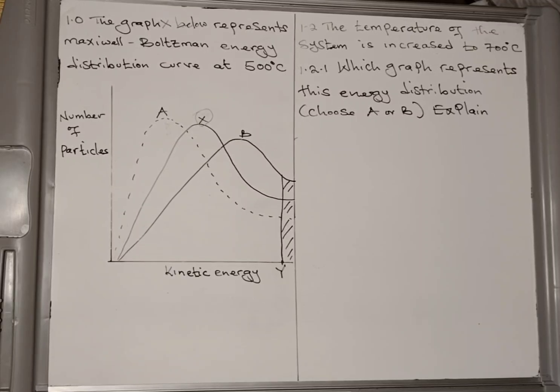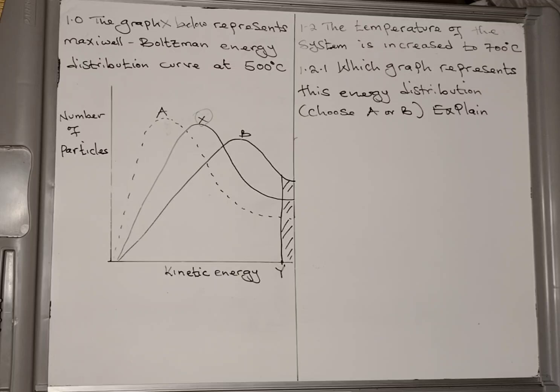Then comes this question. Okay, let's first look at the statement. It says that the temperature of the system is increased to 700 degrees. And the question says, which graph represents this energy distribution?